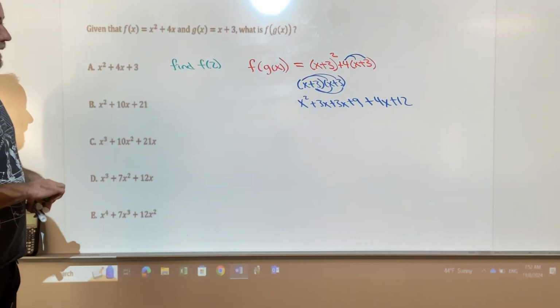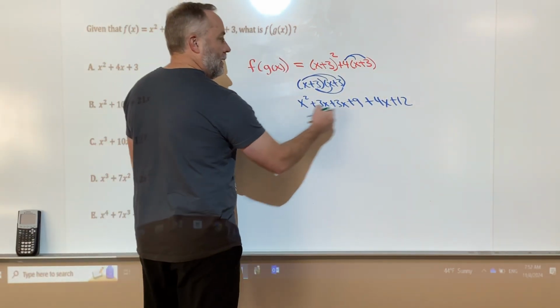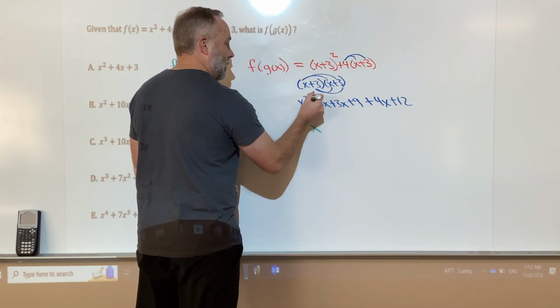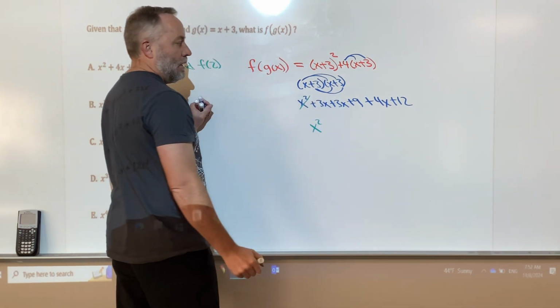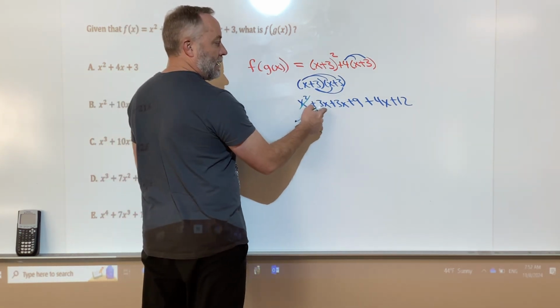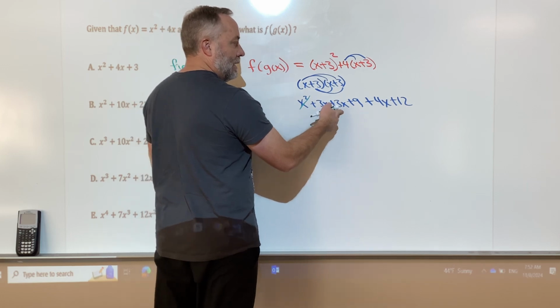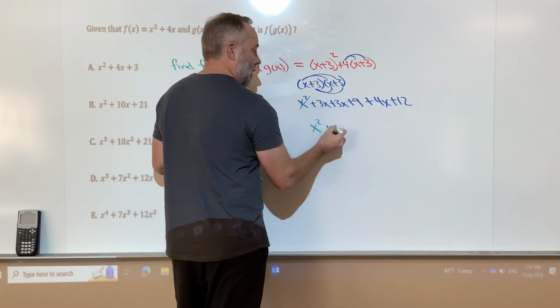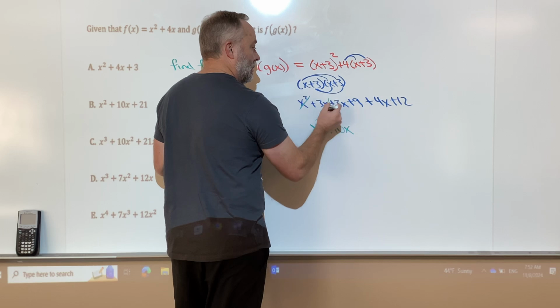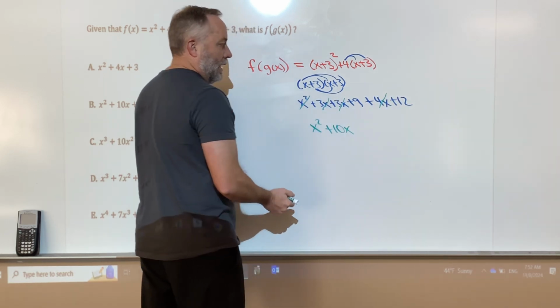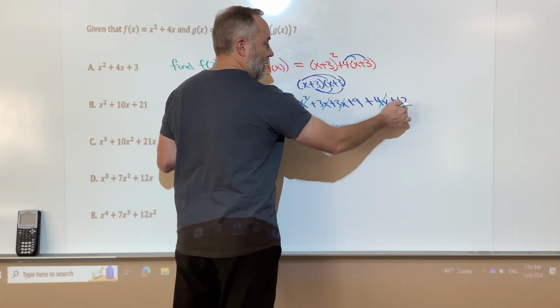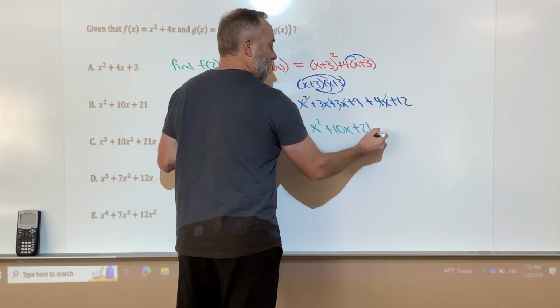Now let's just combine like terms. So x squared, that's the only x squared term, so let's keep that. Now let's look at our x's. 3x plus 3x is 6x. 6x plus 4x is 10x. And then 9 plus 12 is 21.